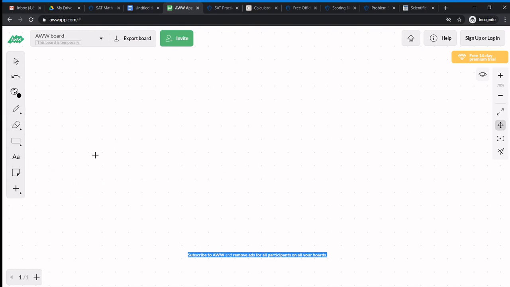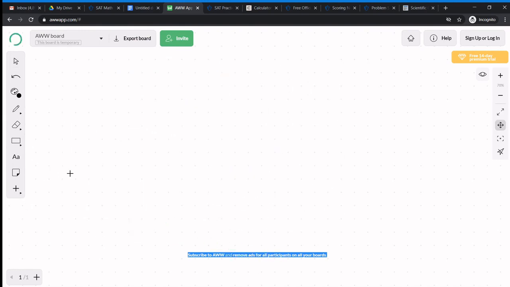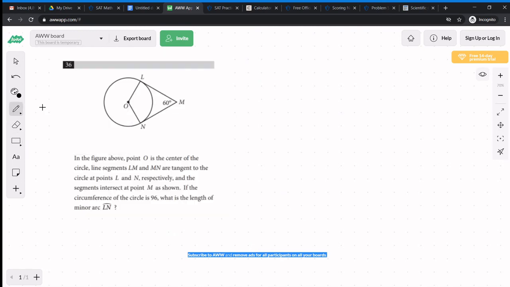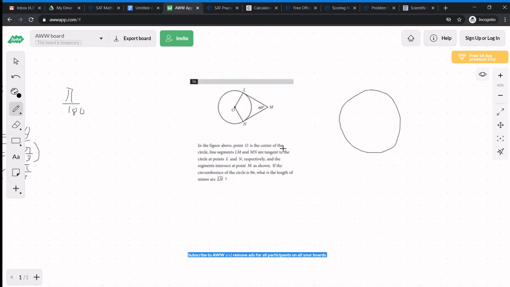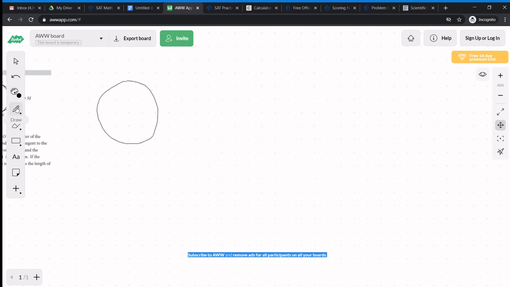Okay, and we paste this. Alright, so there are a couple of theorems that you're going to want to know for circles, and I'll just introduce you to most of them right here. In case you don't know, you can always just reference back to this.